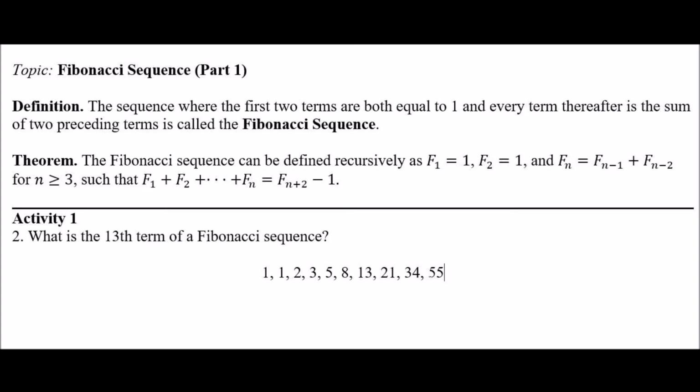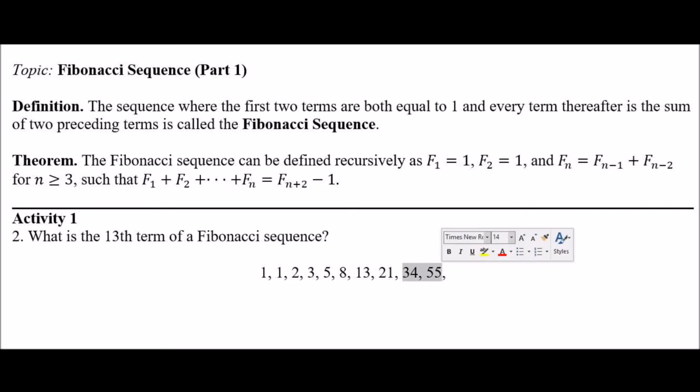So that is our first 10 terms. We are just 3 terms away from the 13th term. So we will just continue the process of adding 2 consecutive terms to find the next term.